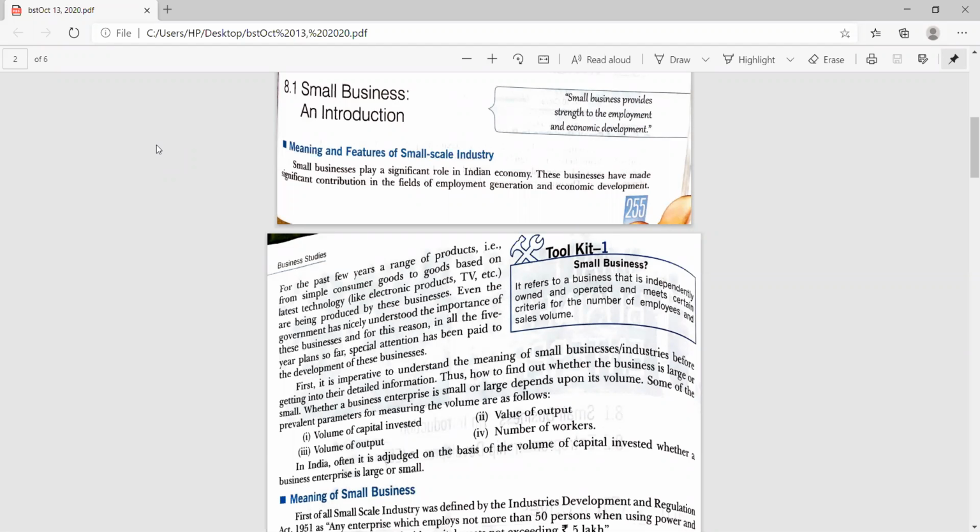And the most important thing is that we know very well that India is not a rich country. If we talk about the entrepreneurs here, they are not rich and sound enough to invest in large scale business. If we compare the ratio, small scale entrepreneurships are much higher in percentage than large scale entrepreneurs.